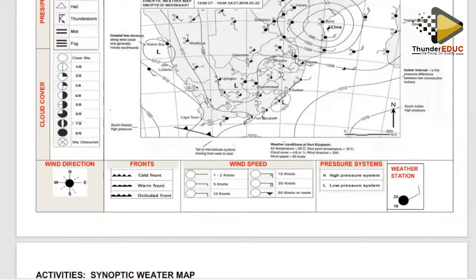The front, to simplify it, what we call a front is basically a boundary. When talking of a front, we are looking at a boundary. So our boundaries, they differ. Remember, what makes the boundary is the fact that if we have two different air masses, those two air masses basically cannot mix if they are of different properties.